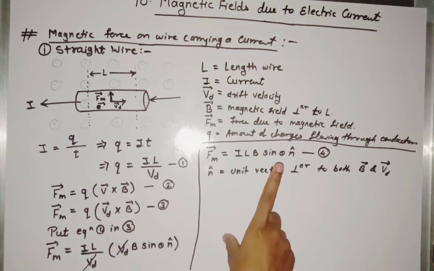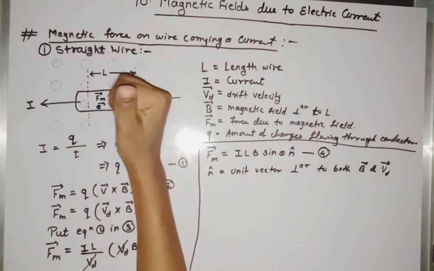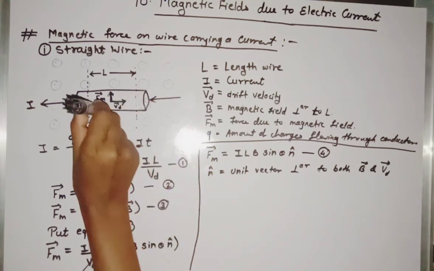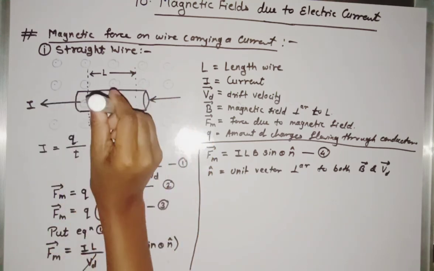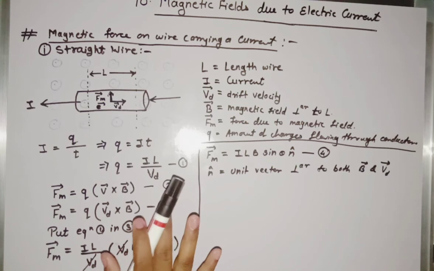Now what will be the value of theta here? If you look into the diagram, this magnetic field is perpendicular to the length of the wire. This magnetic field, which is pointing like this throughout the length of the wire in the upward sense, I will show like this. So this magnetic field throughout the length of the wire is perpendicular.